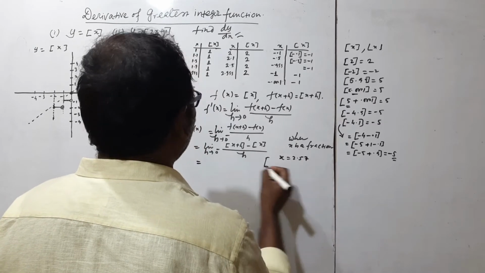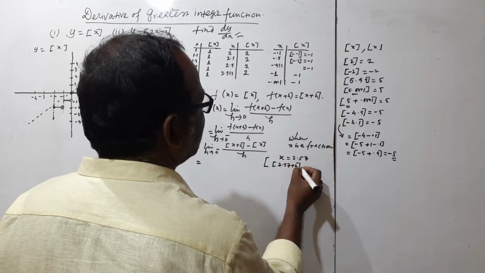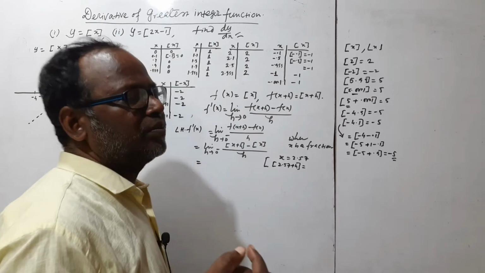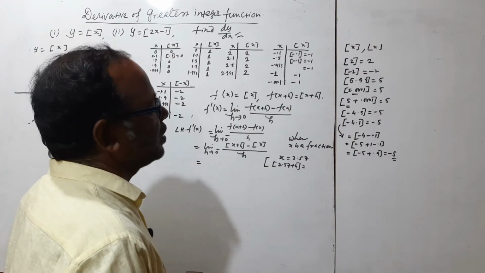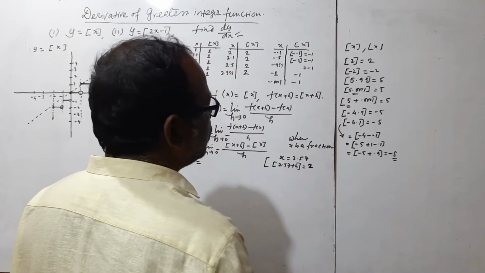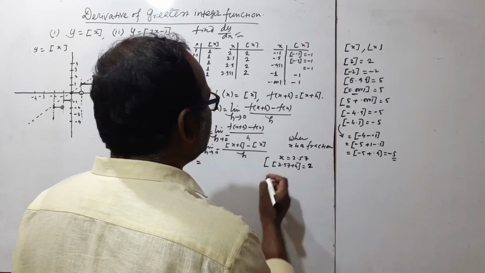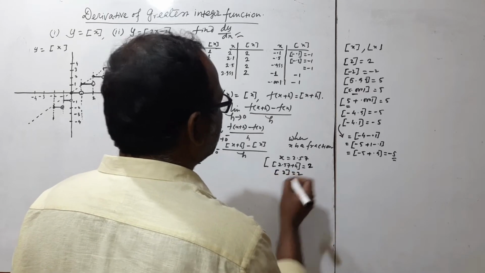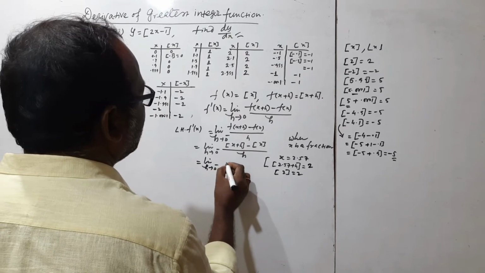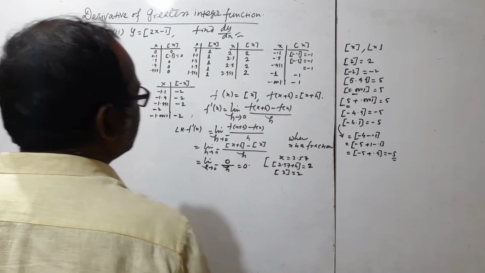Okay, h tends to 0 minus, so box of 2.57 plus h, and this h is a very small negative number, like minus 0.00000111 something. So then we get approximately 2 point something, so it will be 2. So with the help of the greatest integer function, 2 point something gives us 2. So therefore box of 2.57 is 2. So simply we can say the limit h tends to 0 of 0 over h is equal to 0.